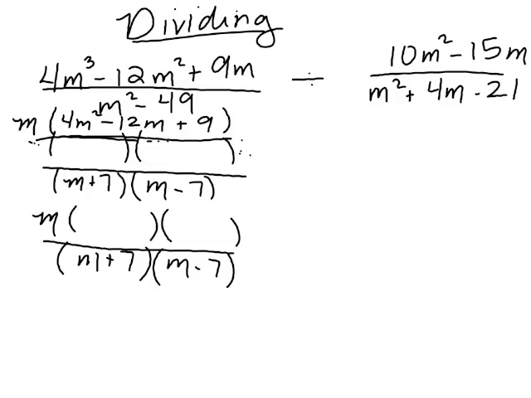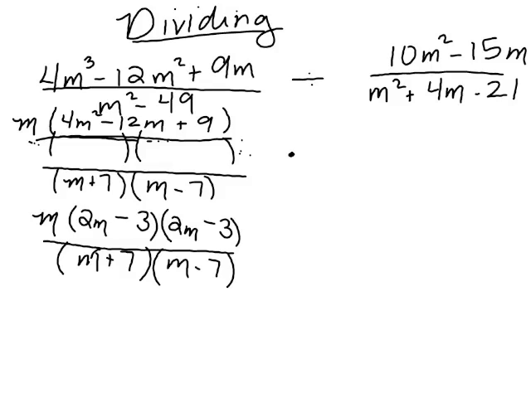Factors of 9, I can use 1 and 9 or 3 and 3, but I need to get to 12. So let's try the 2m, and a 3 and a 3. So that will give me 4m squared, a 6m, and a 6m. So if I make those both negative, I get negative 12m and a positive 9. Okay. So there's my first term.